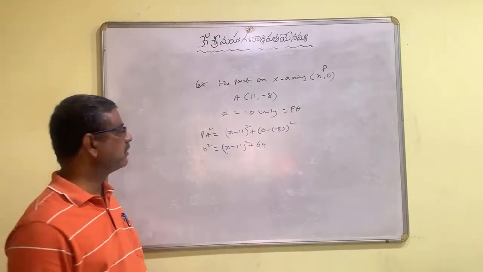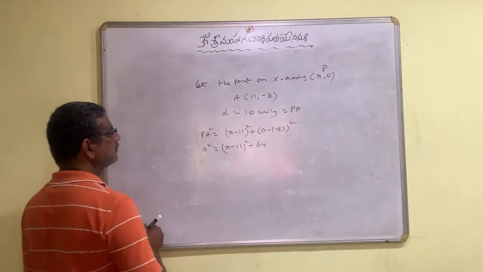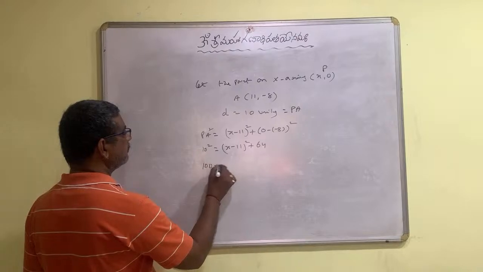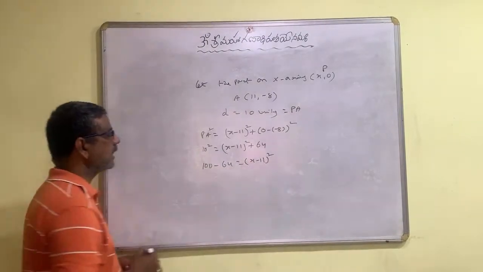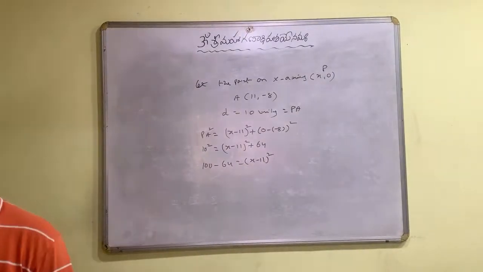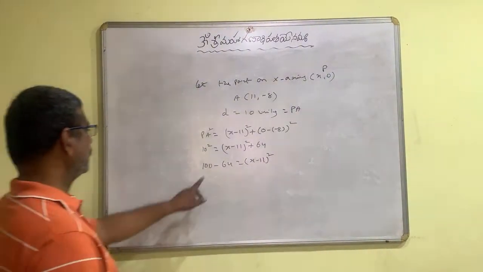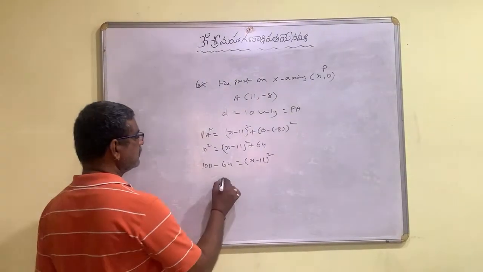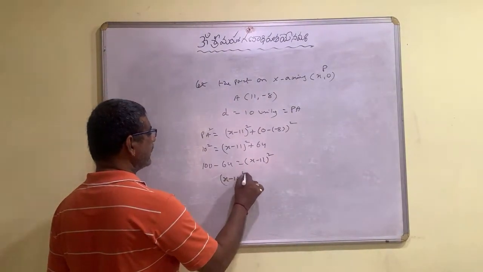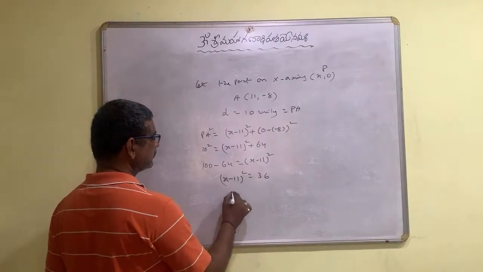Now try to simplify. 100 minus 64 is (x minus 11) whole square. So (x minus 11) whole square is 36.